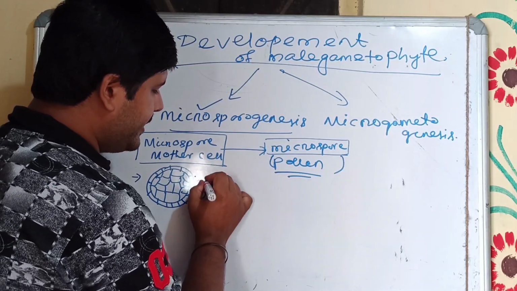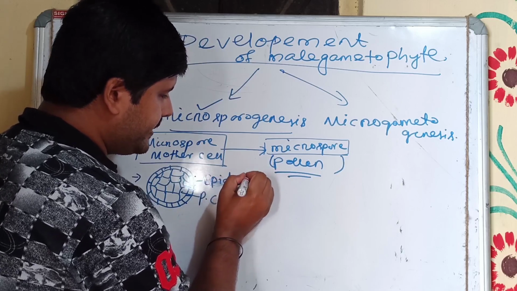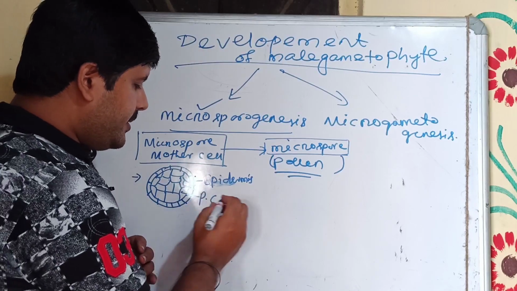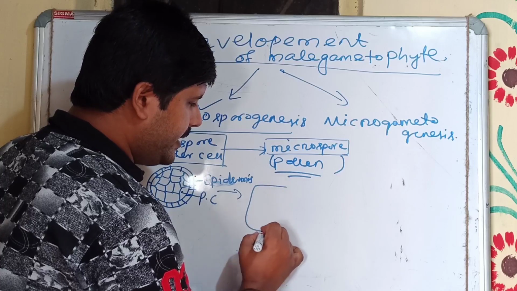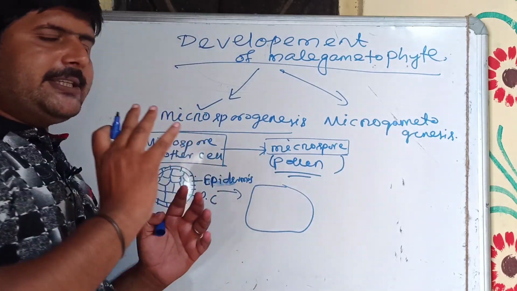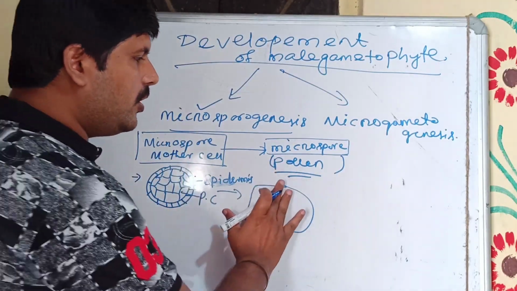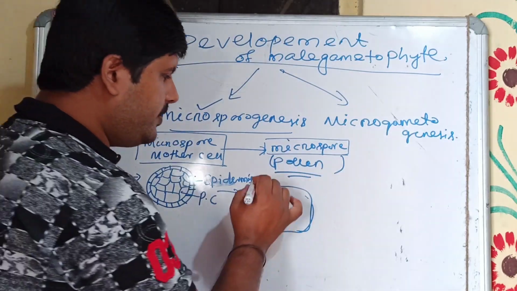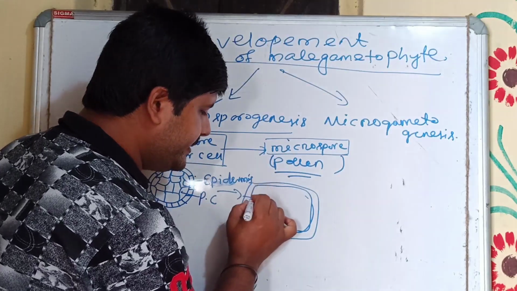This is the epidermis. Then it is converted to a four-lobed structure. The parenchymatous cells, which look globular in structure, become four-lobed, and the outer wall, that is the epidermis, is also present.